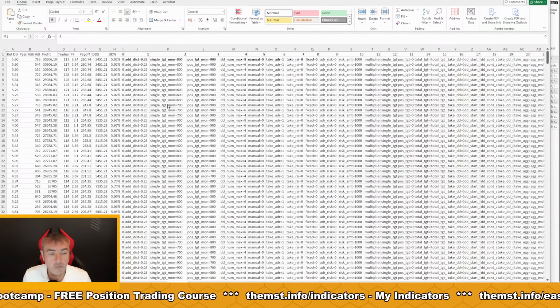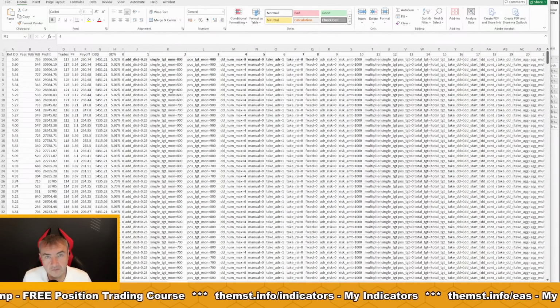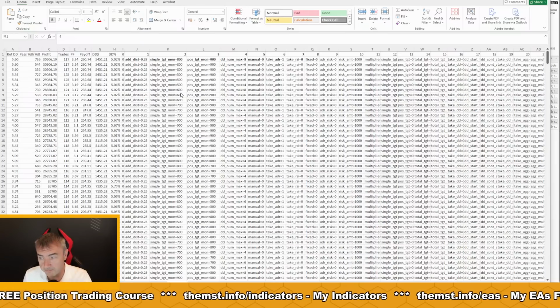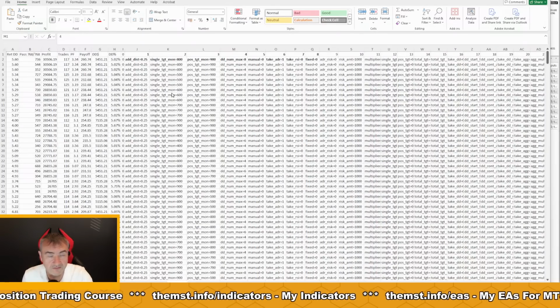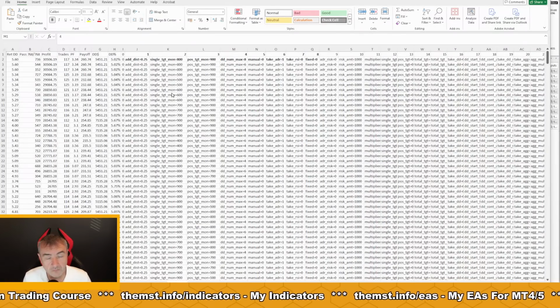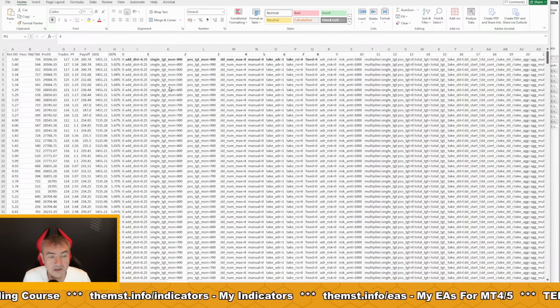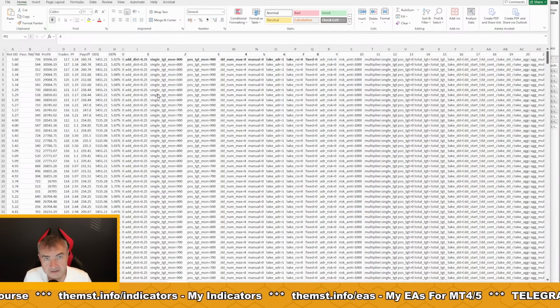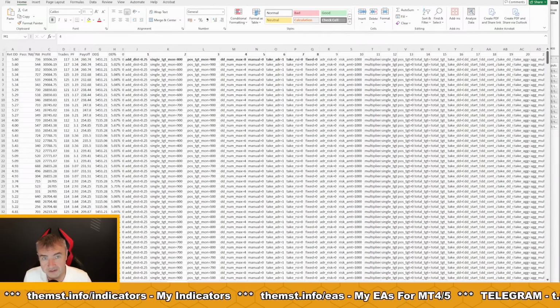So what we're looking for when we run a system parameter permutation test, or a robustness test, it's another way of saying the same thing, is robustness. So what is robustness?